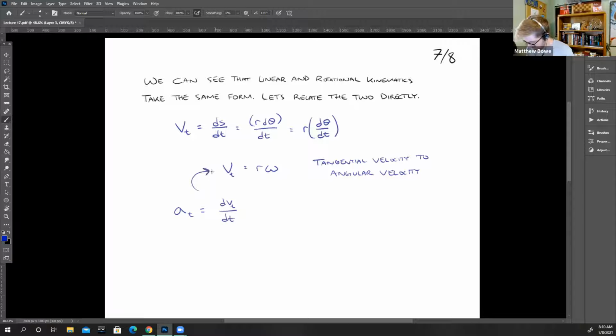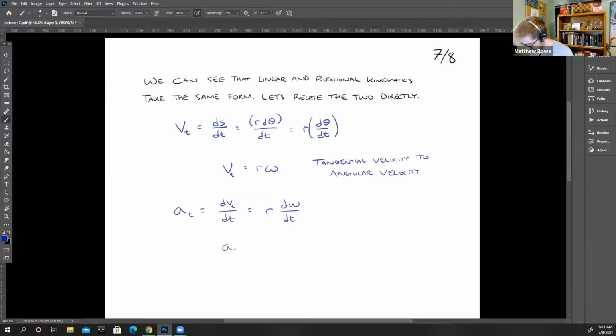Up here, we've just solved for tangential velocity. Let's write down what we've arrived at. We have this radius, times a small sliver of angular velocity over a small sliver of time.